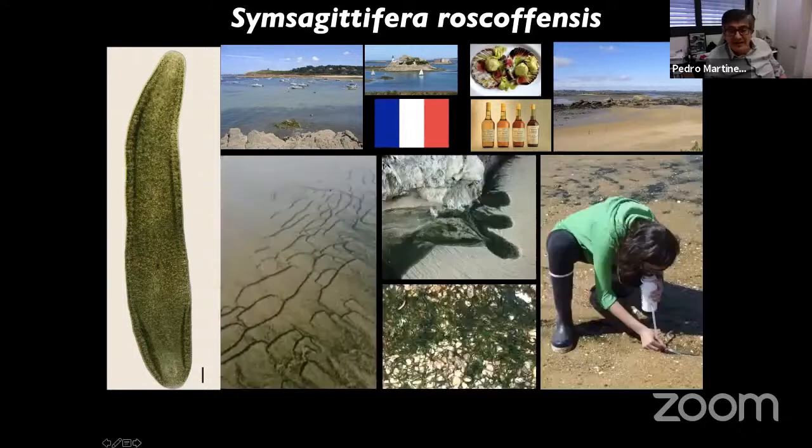And here you see collecting animals in little pools. And these little pools, if you blow up the picture, you'll see there are thousands and thousands. And of course, since we always have to wait for low tide, meanwhile, we have nice restaurants in the area and good drinks while we wait.